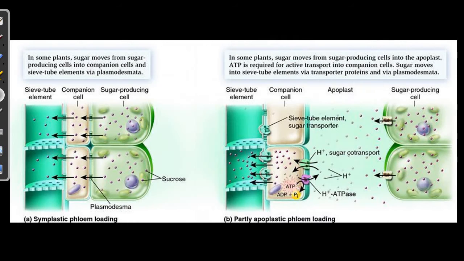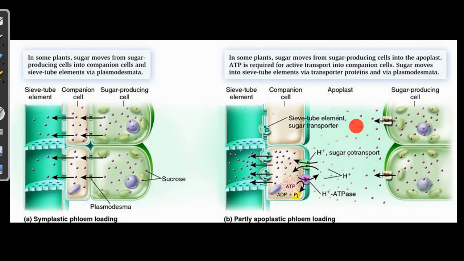Now, just a bit of extra knowledge I would like to give here is, in some plants, there will be symplastic phloem loading, where sugar moves from the companion cell into the sieve element through the plasmodesmata itself. But when there is the apoplastic pathway, ATP is also required and sugar moves through the cell wall.